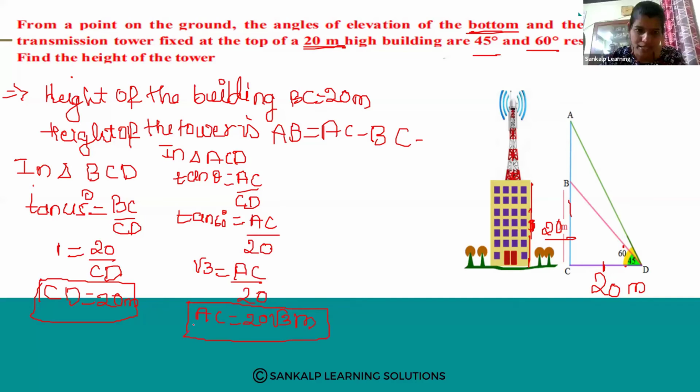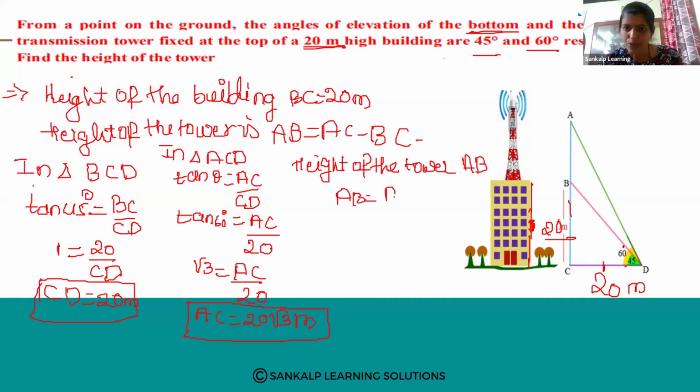Now we need to find out the height of the tower. So height of the tower is AB. AB is equal to AC minus BC. The value of AC is 20 root 3.